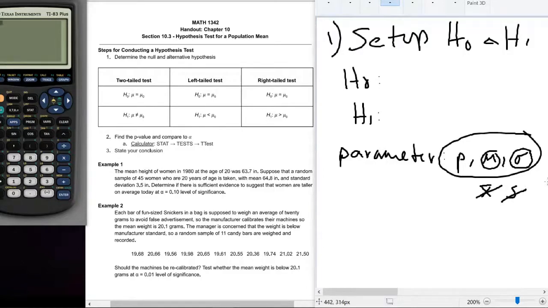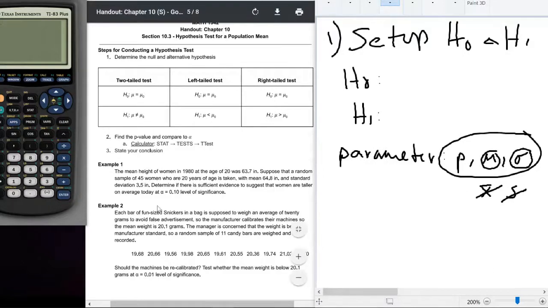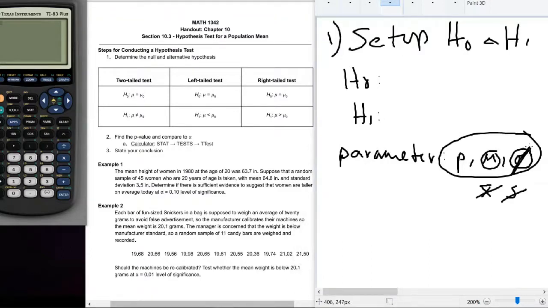So since the standard deviation of 3.5 is from a sample, it cannot take the sigma. So in this problem, the mean height, this is assuming the population, that mean height in 1980 was 63.7. So for the parameter of interest, we use mu.